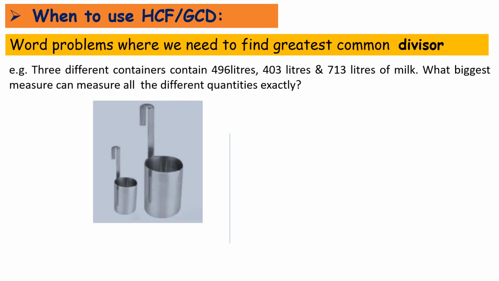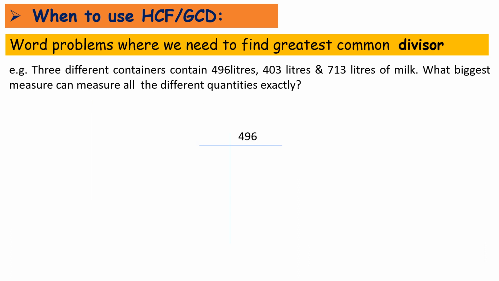So how do we proceed? Once again, we find the HCF of these given numbers. For 496, we'll start with 2. 2 times 248, then 2 times 124, then 2 times 62, 2 times 31, and then 31 is a prime number, so 31 times 1.